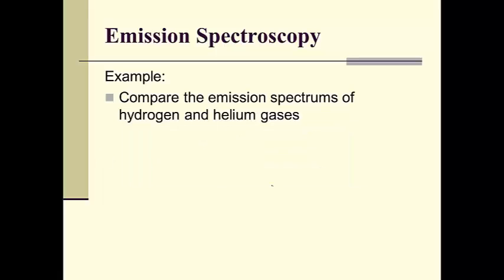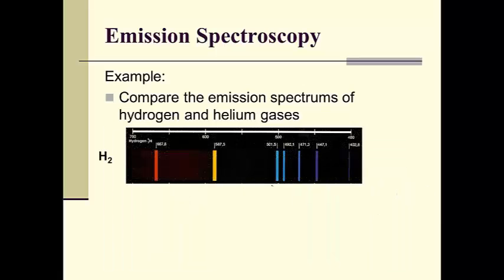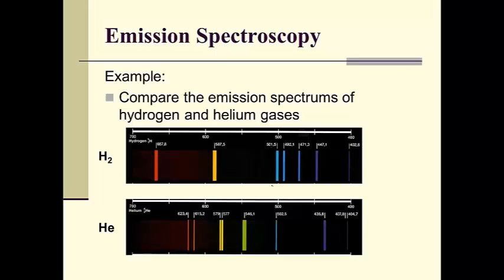And if we take the helium and run it through the same prism, you don't get a continuous spectrum, you get a bright line spectrum, and it's going to look like this. You may get similar colors, but the wavelengths they appear at are different. Yes, you have a yellow here, but you have yellows here at different wavelengths.